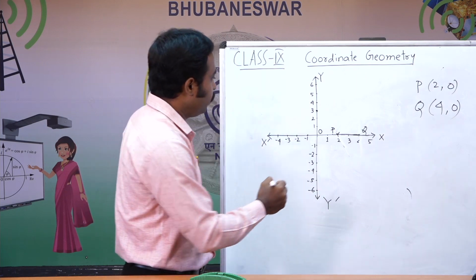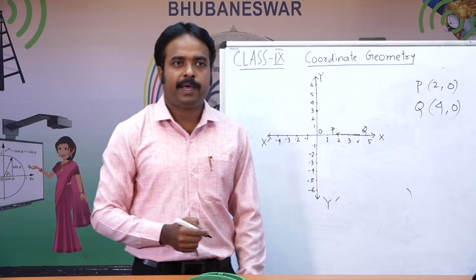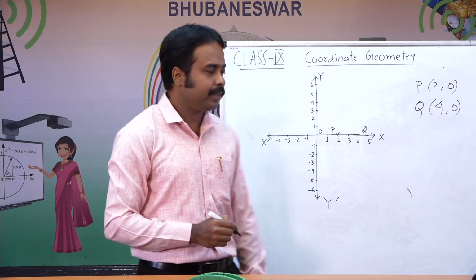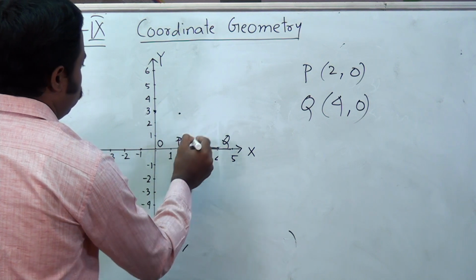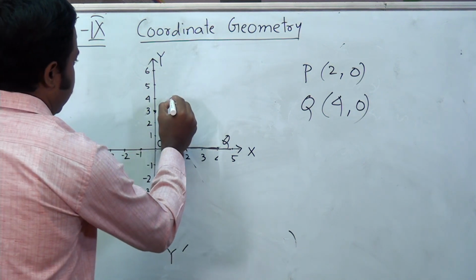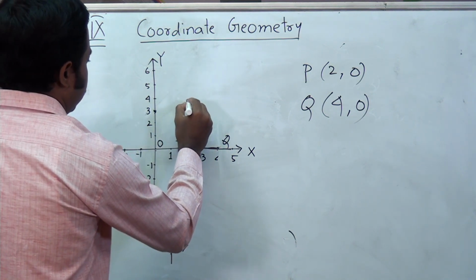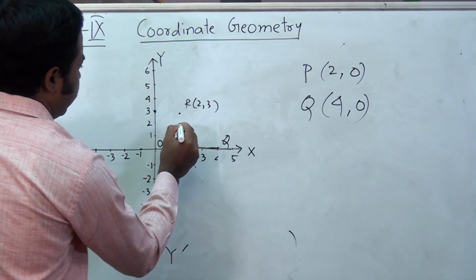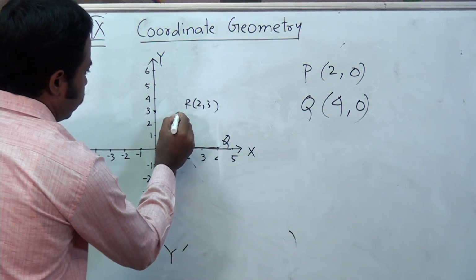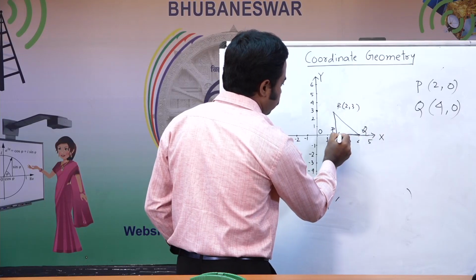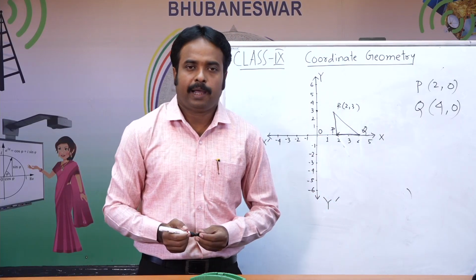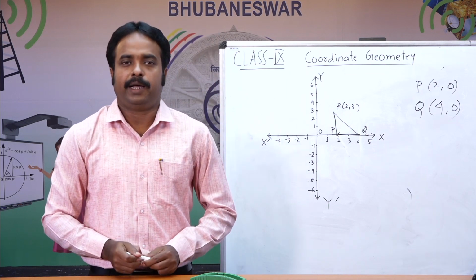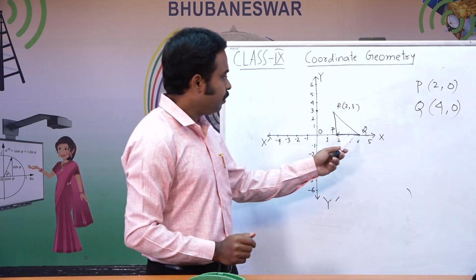Now we may make angle P as 90 degrees. That means if we take R as 2, 3, then also if we join this, we will get a right triangle, and the triangle is PQR.